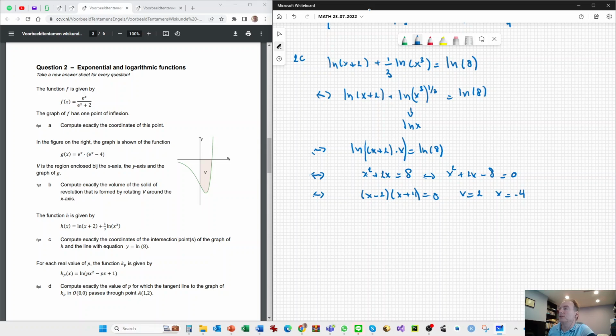You get a logarithm of -2 and another negative number, but x equal to 2 is fine. You just substitute it and you find that it's okay.